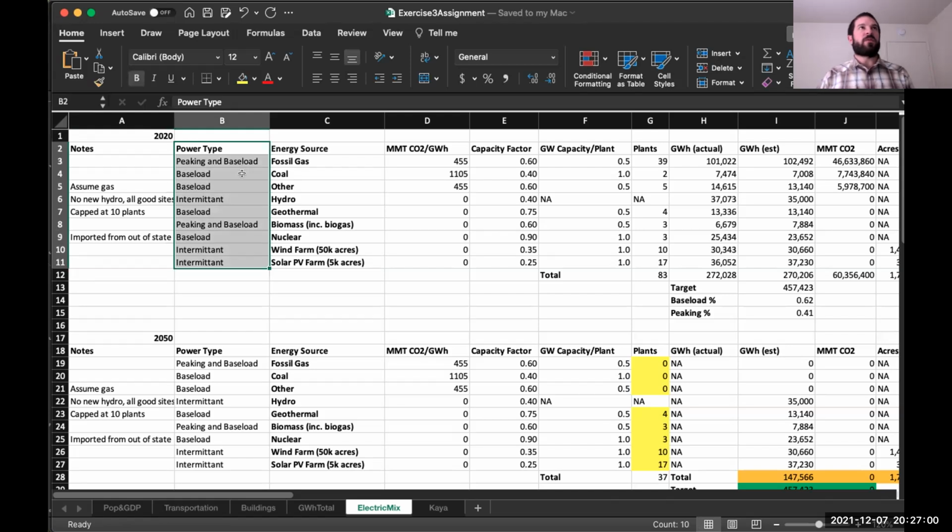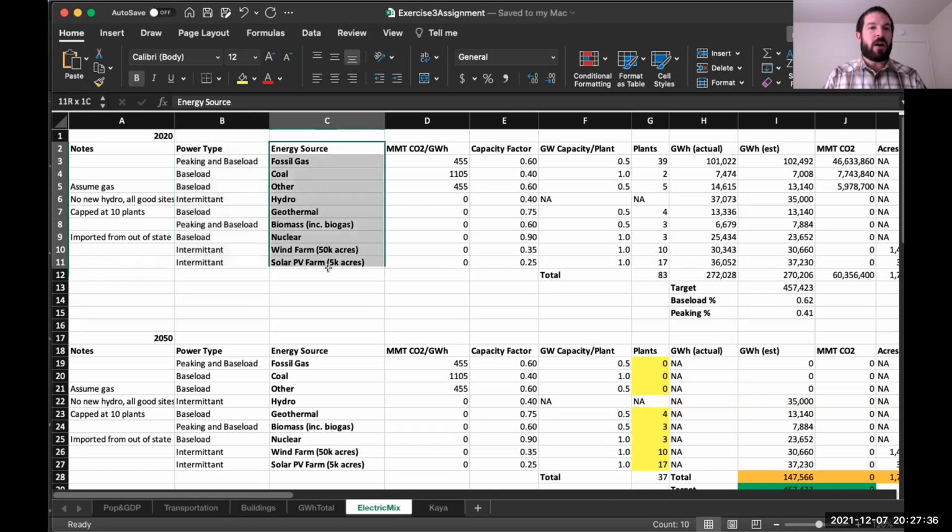These are important concepts that we talked about in the energy supply lectures. Peaking is stuff that you can turn off and on really rapidly when electricity demand suddenly peaks. Base load is always there, always available. And intermittent is stuff that depends on how much rain there's been, how much sun is shining, and how much wind is blowing. Those are your renewables. Most of your renewables are intermittent.